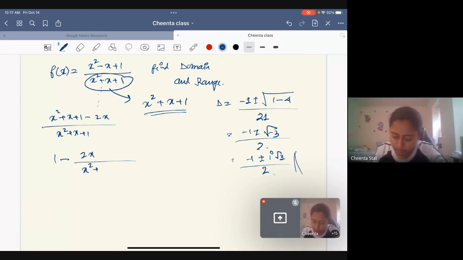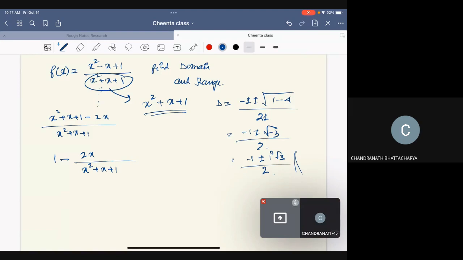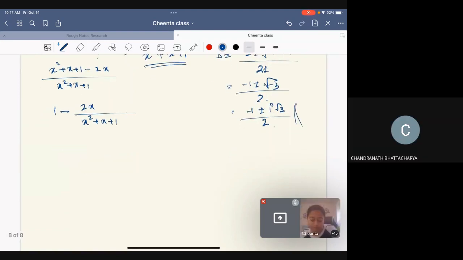If x not equal to 0, then we divide by x and get 1 minus 2 by x plus 1 by x.